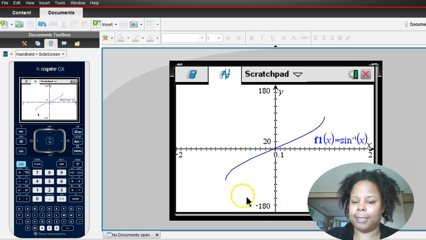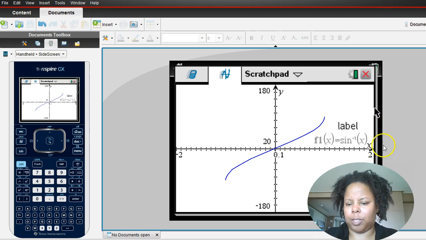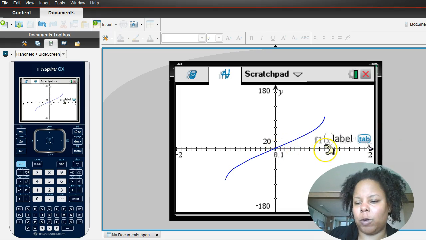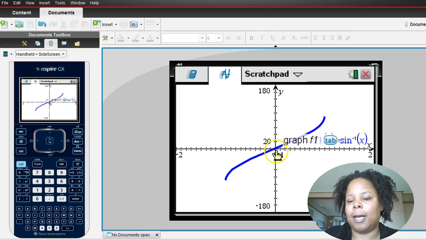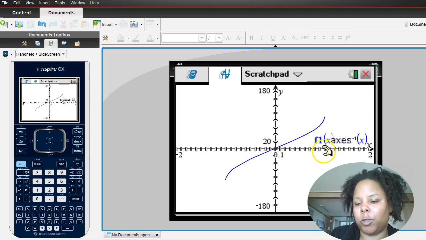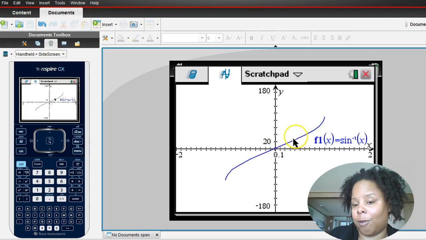And when I did this, you can see, of course, the function is not defined in those values. Now, normally our x values are between 0 and 1, but our calculator made some improvements and realizes that you can actually define it from -1 to 1, because it's just a reflection across the origin of this graph.